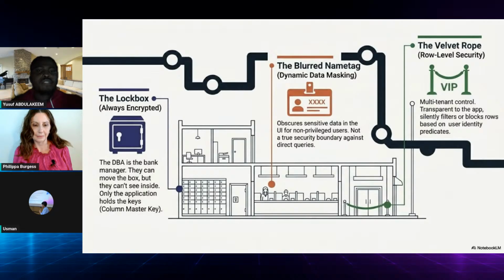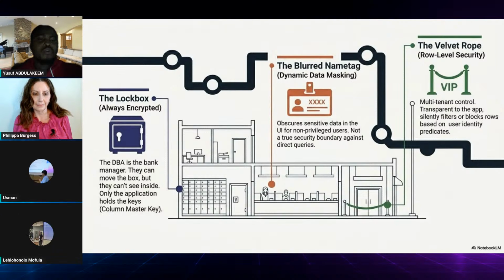So the lockbox, as discussed earlier, means your data is always encrypted. You will learn how you can encrypt your data, which means that your DBA is the bank manager. They can move the box, but they can't see what is inside the box. Only the application holds the key, that is the column master key.